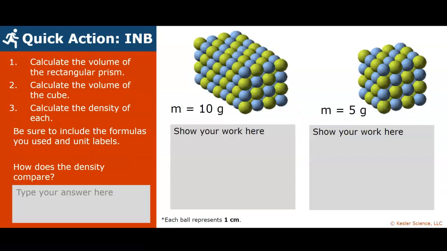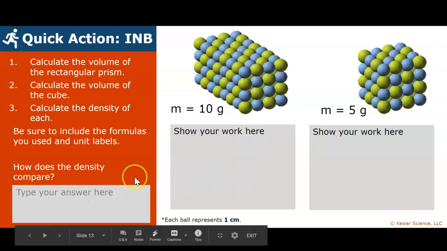So you're going to calculate the volume of the rectangular prism and calculate the volume of the cube. Each ball is 1 centimeter, so you're going to have to count the balls to figure out the volume of each of these prisms, and then show your work and tell me how the density compares here.